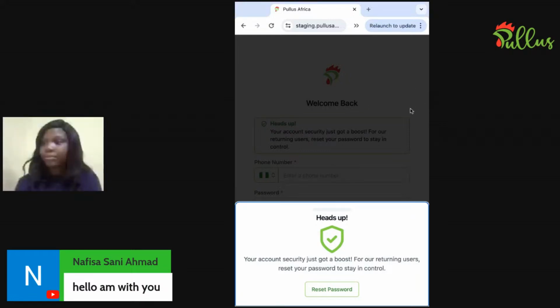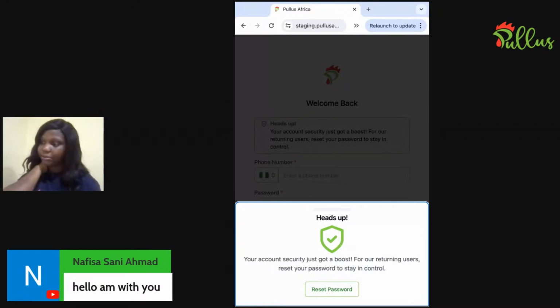Okay, so once you log in with app.pulosafrica.com, the first page that pops up would be this page, right? This is what your screen will look like when you're using your phone. That's why I tried as much as possible to collapse it to look like your phone.